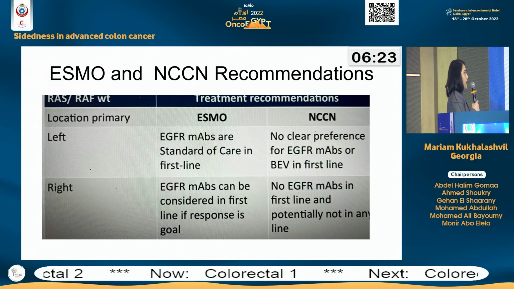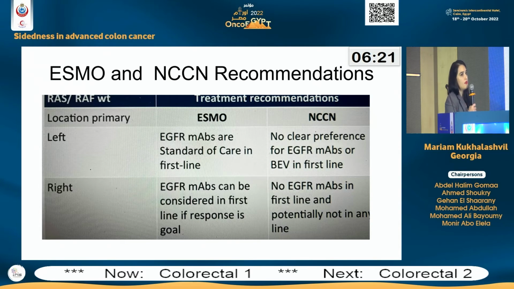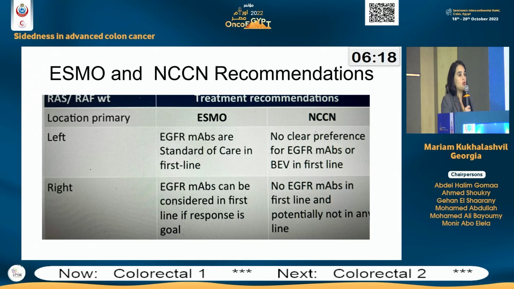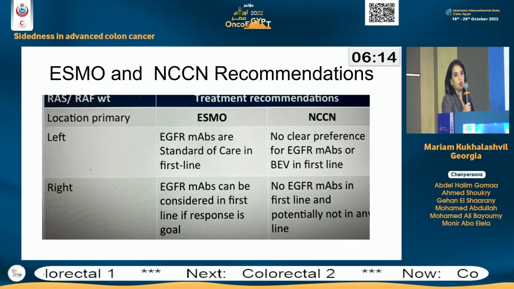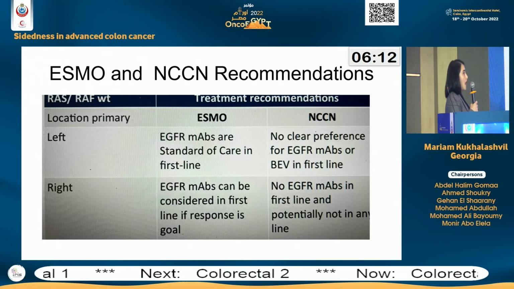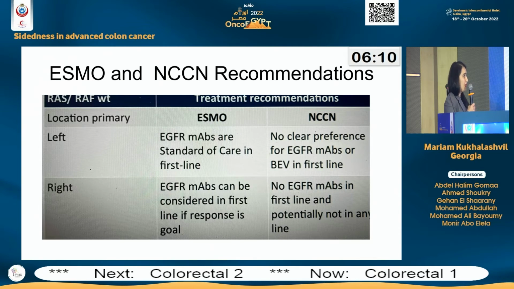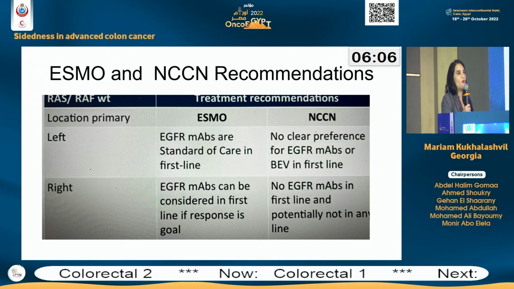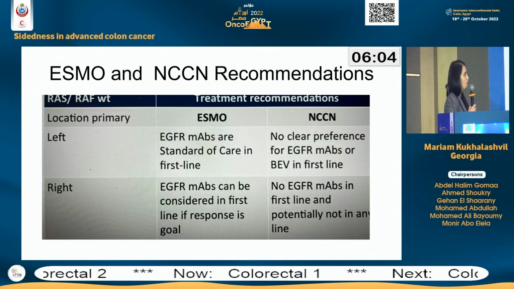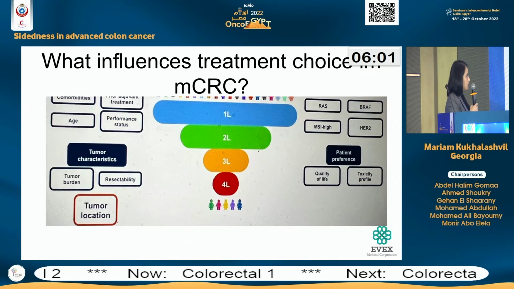According to the ESMO guideline, EGFR inhibitor should be the first choice of treatment for left-sided tumor, BRAF, NRAS, and KRAS wild type. And in the NCCN guideline, we cannot find direct, clear recommendations about sidedness and treatment.